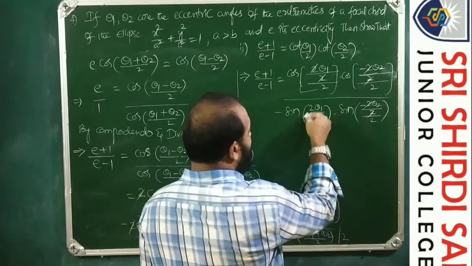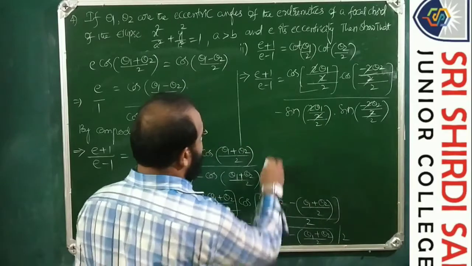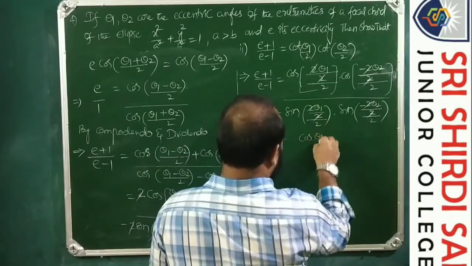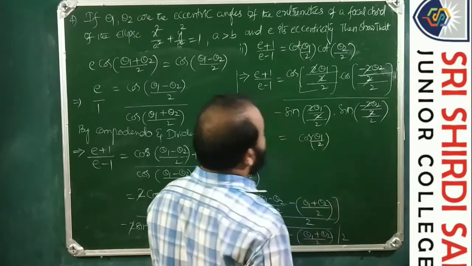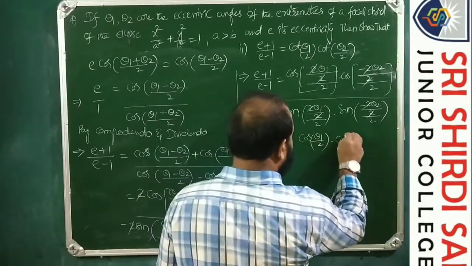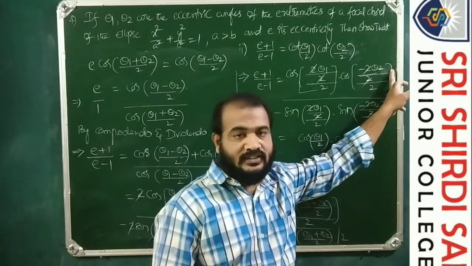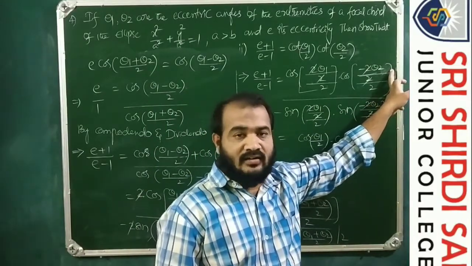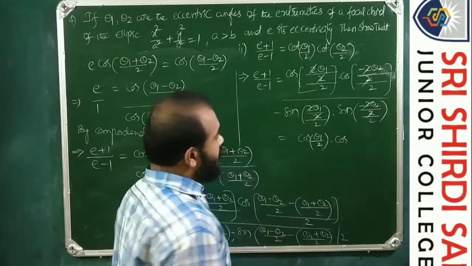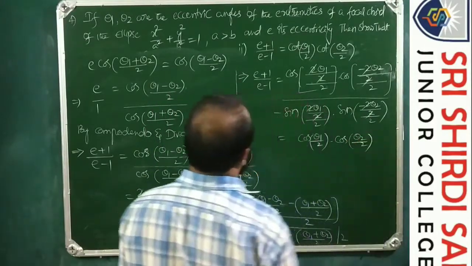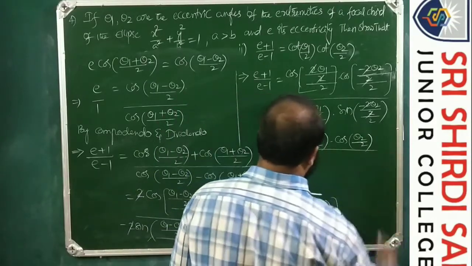The 2s cancel. So this is equal to cos(theta 1 by 2) times cos(minus theta 2 by 2), and cos of minus theta is plus cos theta, because cos is an even function. So cos(theta 2 by 2).